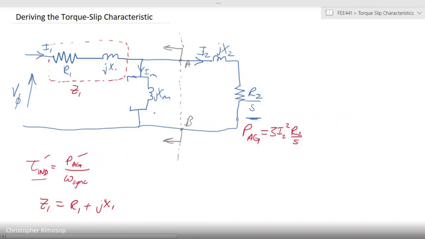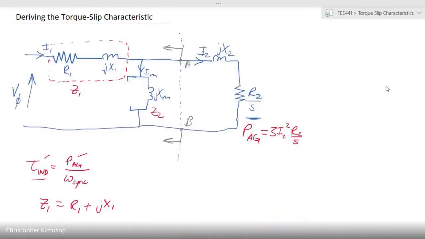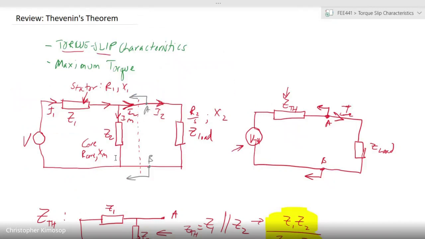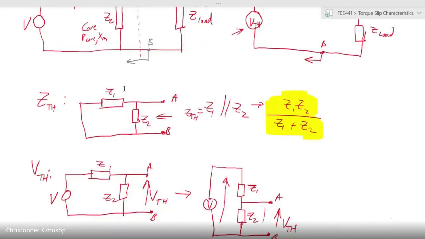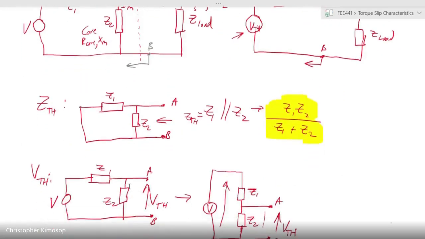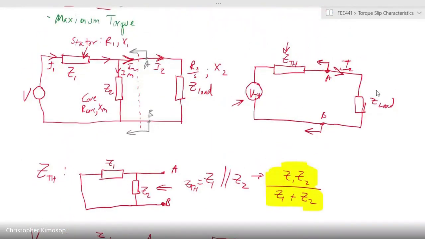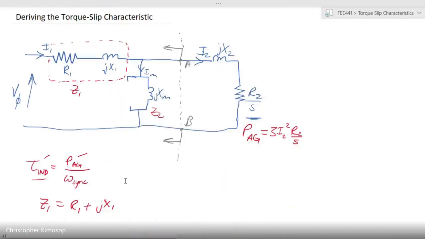This XM can be equivalent to a Z2. And we were looking at it through point A and B, which is identical to what we are looking at on this side. And we can therefore convert those elements that we have here into Z Thevenin and V Thevenin. We can obtain those from looking at the circuit from that point of view.